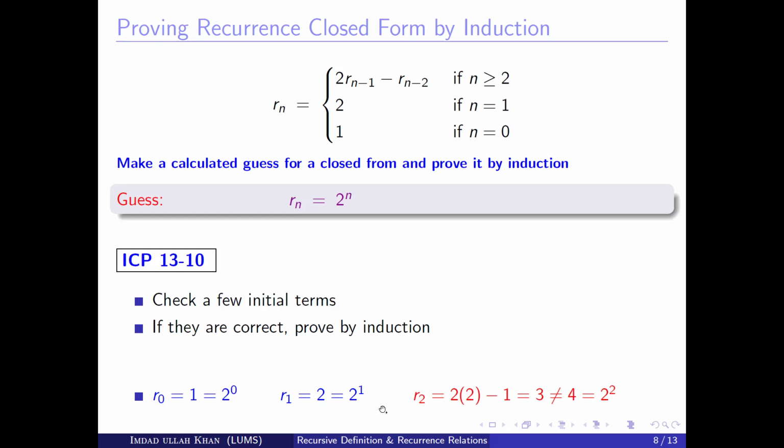So in other words, we are showing a counterexample where it's not true. If it's not true, then the kind of stuff you do on your own, by observing the first few terms, is to tweak the guess, recorrect the guess, and then prove the corrected guess by induction so that it correctly represents the closed form of the given recurrence relation.